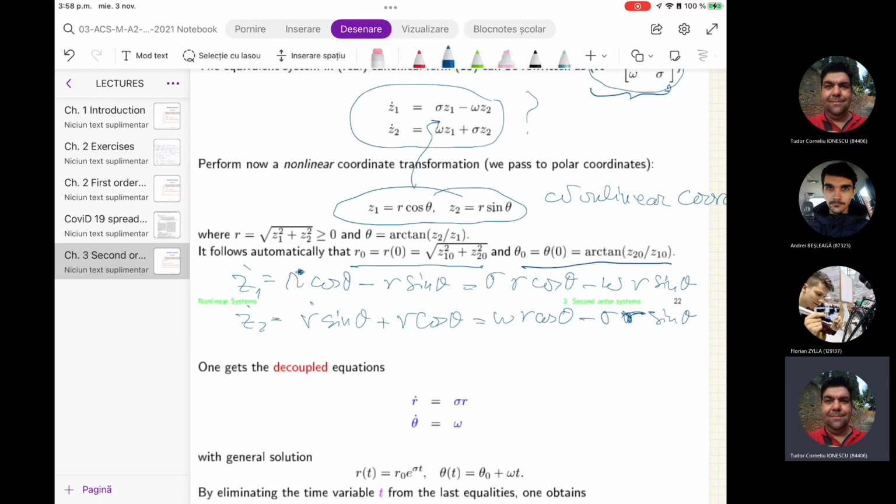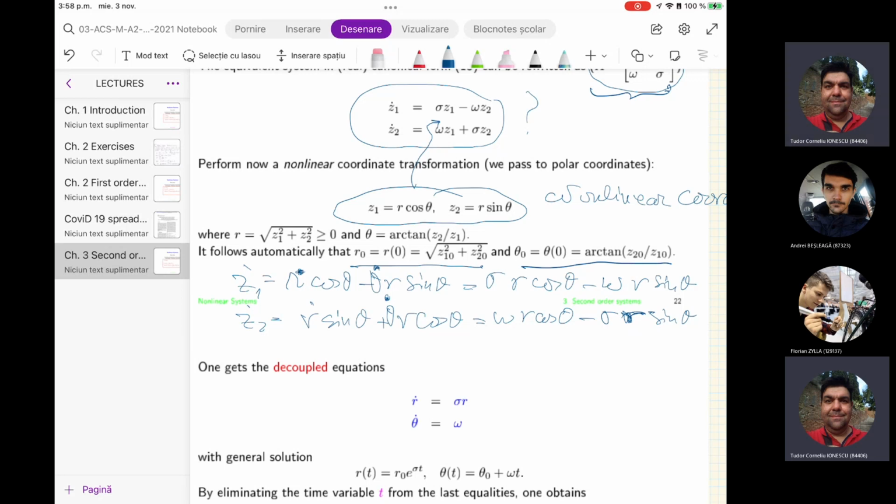Oh yeah, and here I made a mistake, no one told me. Times theta dot. True? You agree, right? So what do you do now when you do these computations? Essentially, from these equations, you have to get r dot and theta dot. And how do you do that?